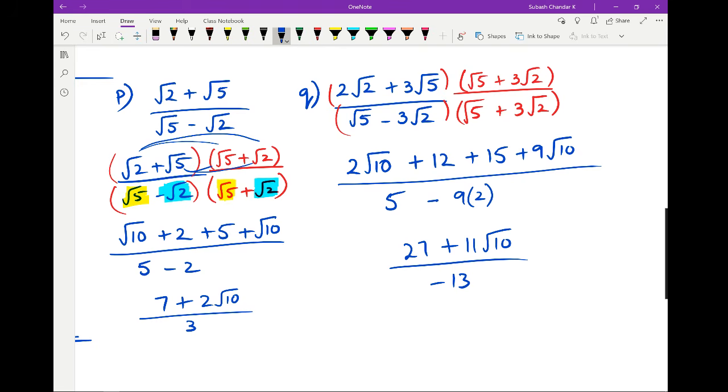I just have to be careful with that negative. I'm not sure how you wrote it, but if you put the 27 plus 11 root 10 in a bracket, then you should be good to go.